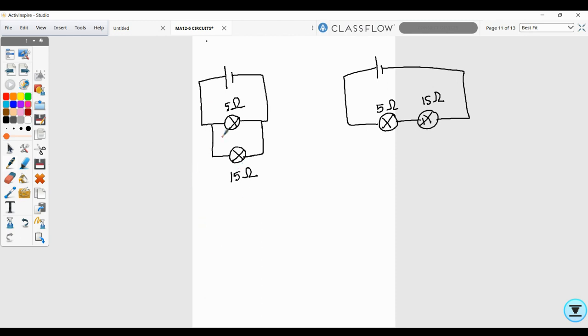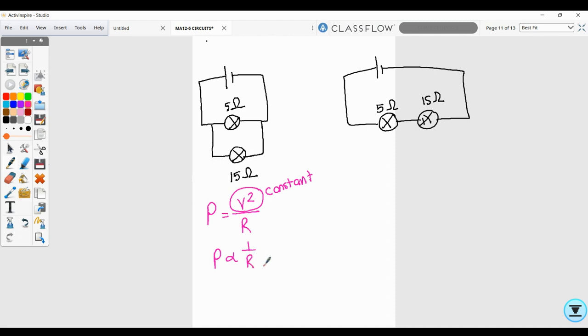Power is brightness, so you find your equation that has power and voltage in it: P equals V squared over R. If and only if V is constant, I can say power is directly proportional to 1 over R.